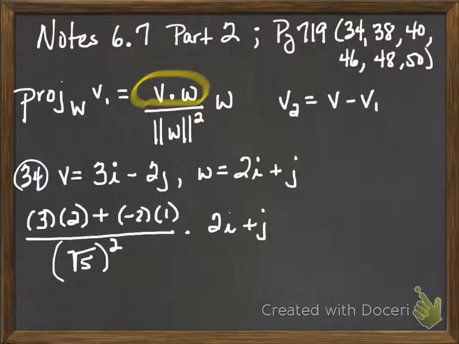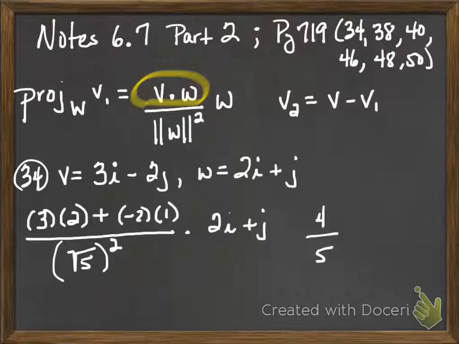So we're just doing the math part here. So 3 times 2 plus negative 2 times 1, that would be 6 plus negative 2. So that would be 4. And the square root of 5 squared is 5. So I just simplified that.